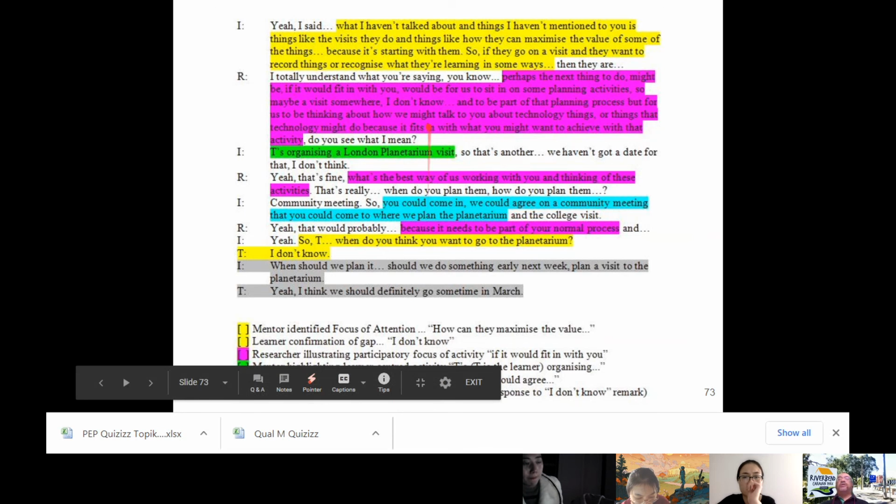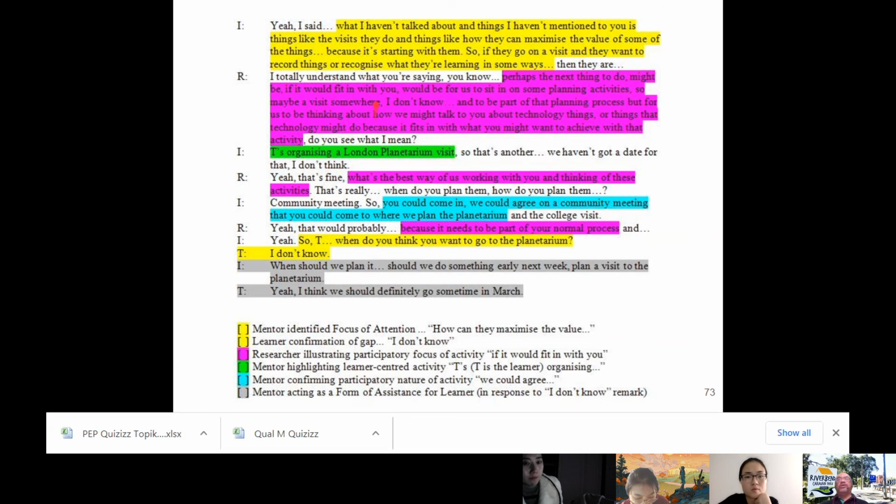So the process goes on. Sometimes you have a long sentence, sometimes you have a short sentence like this, and sometimes it is repeated. So you have the yellow here and another one here. Actually, you don't have to use color. Now we are using a software called NVivo.